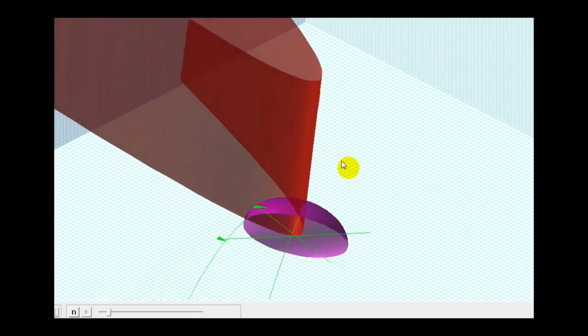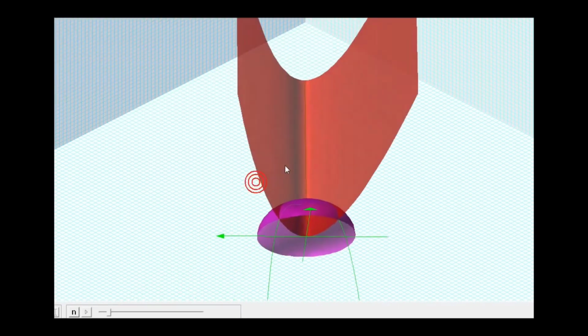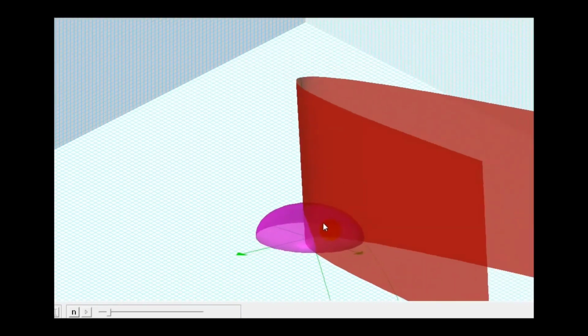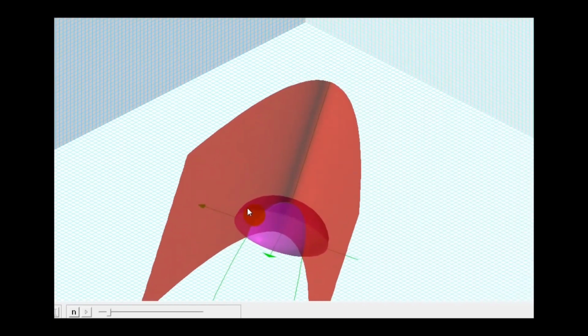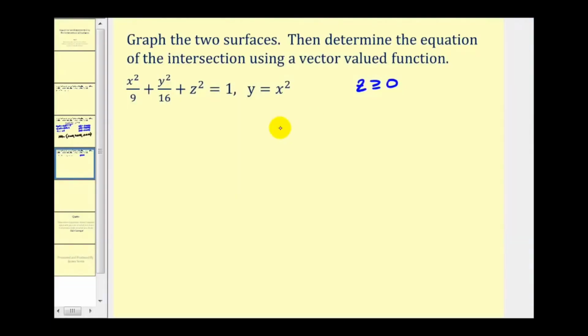And again, our job is to determine what that equation would be as a vector valued function. So we'll first express the solution as a set of parametric equations, so we'll need x of t, y of t, and z of t.